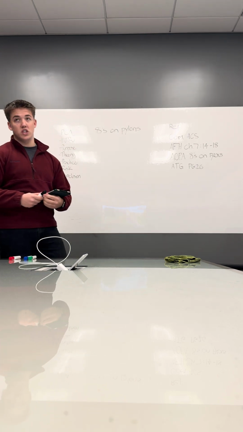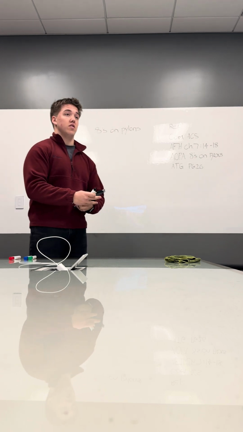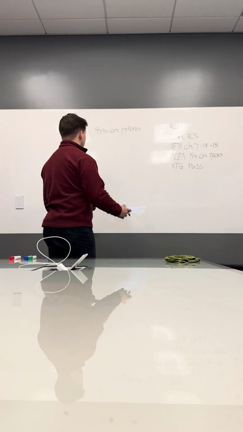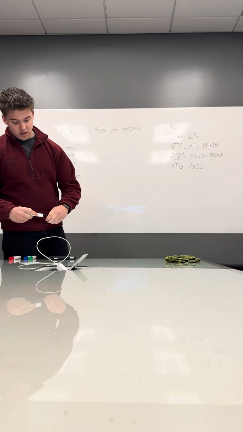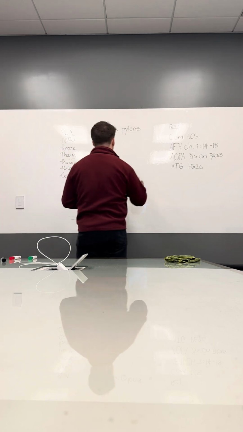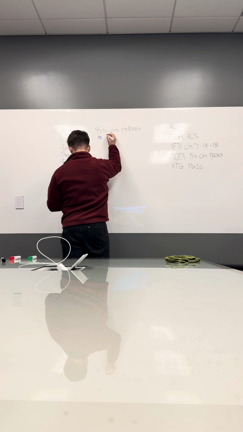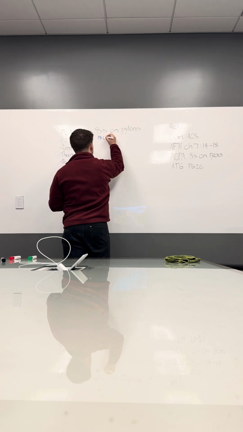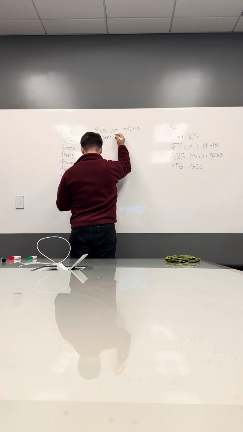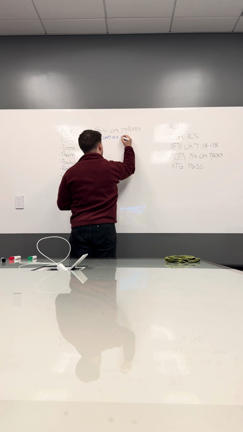It's easiest to just have a chart with a bunch of the pivotal altitudes already calculated out on it. But the calculation for pivotal altitude is ground speed squared divided by 11.3 plus your MSL altitude.